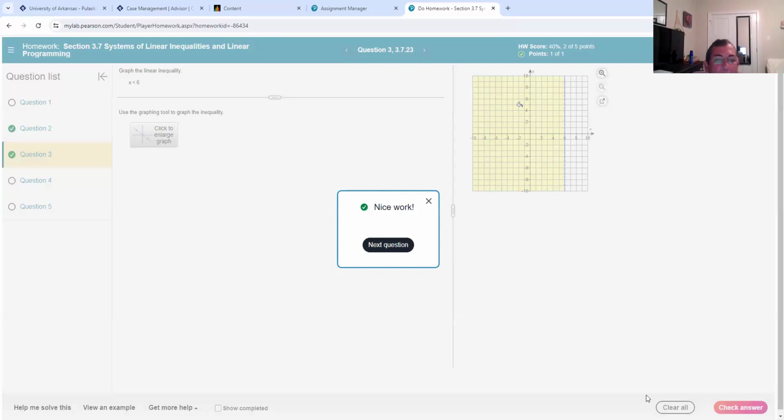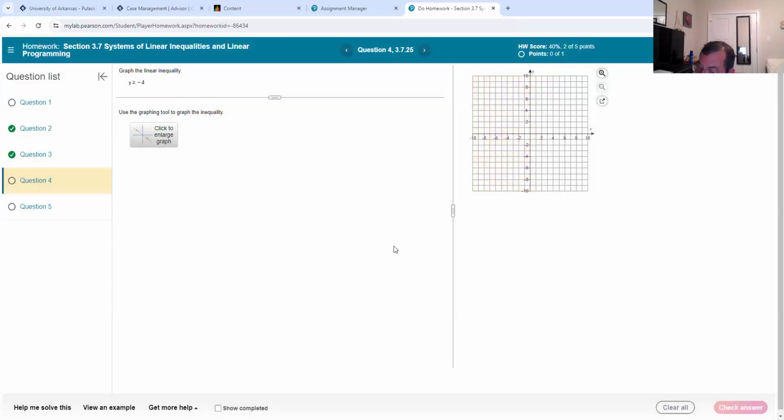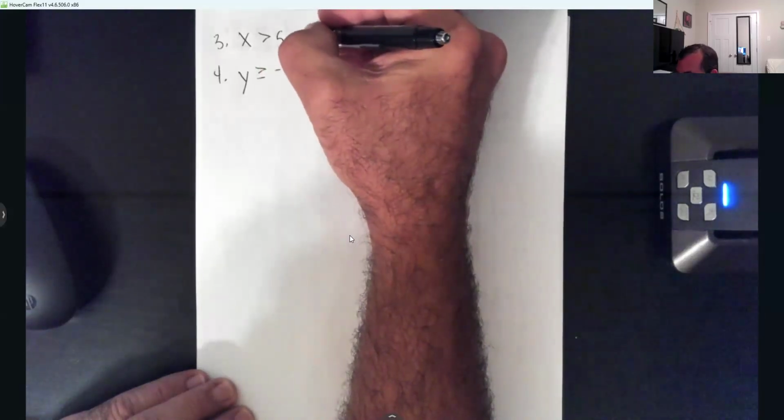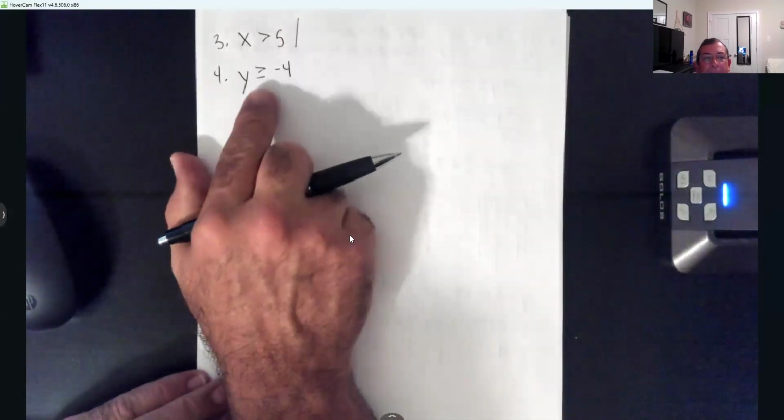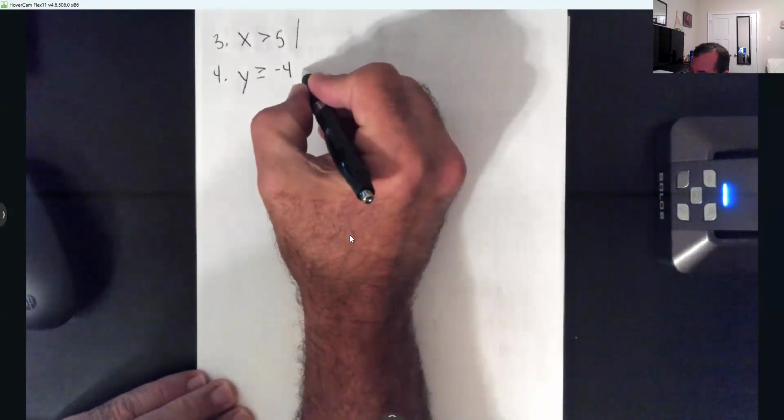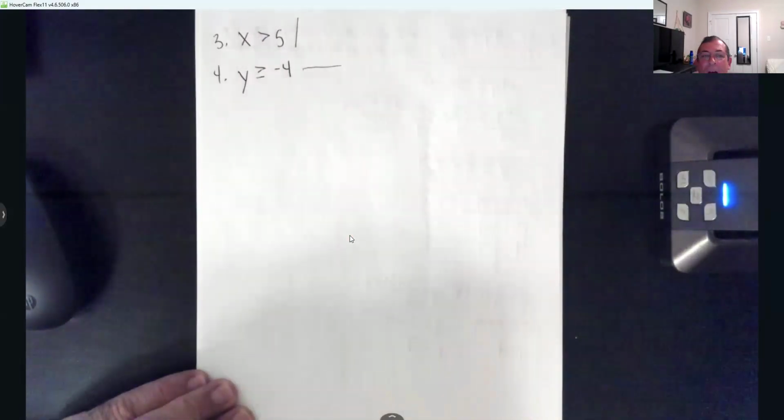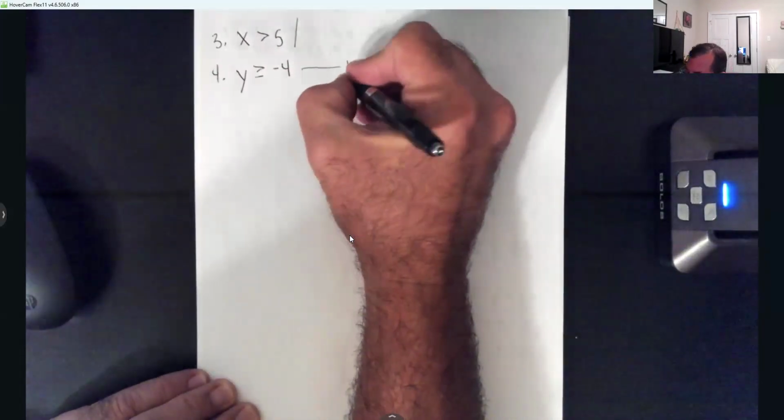So let's see, number 4 is going to be the y. Watch this. So this is y greater than or equal to negative 4. So y'all, if these x's were vertical lines, these y equations are going to make horizontal lines.